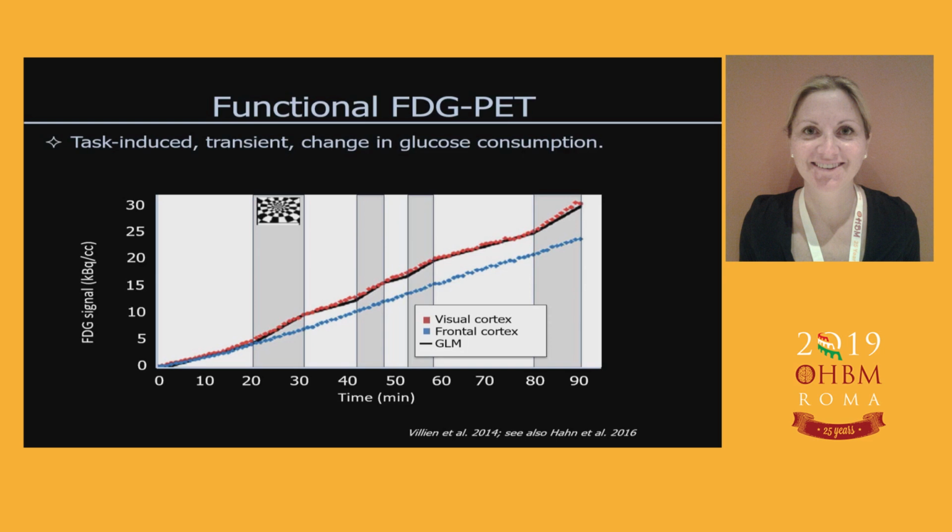That way you can tease apart transient and subtle changes in glucose consumption as an increase in slope during a task. Here it's shown for the visual cortex with the red line during a checkerboard. And as a control region, here is a region not involved in the task in the frontal cortex. You can identify those changes voxel-wise with a general linear model.